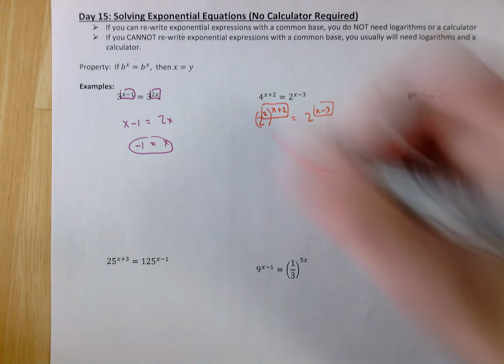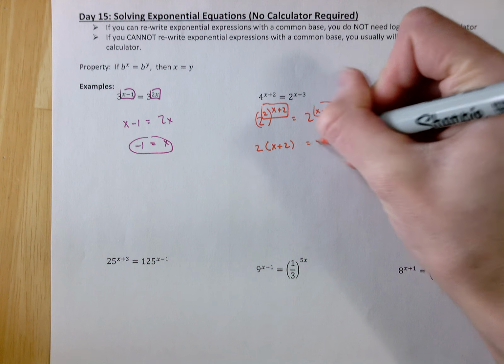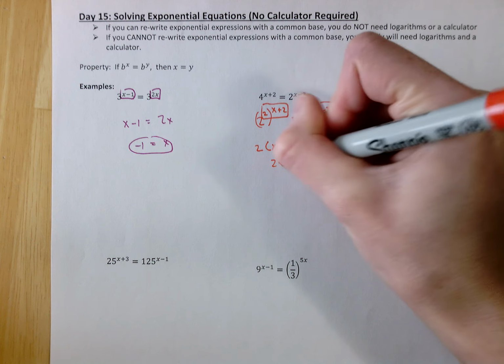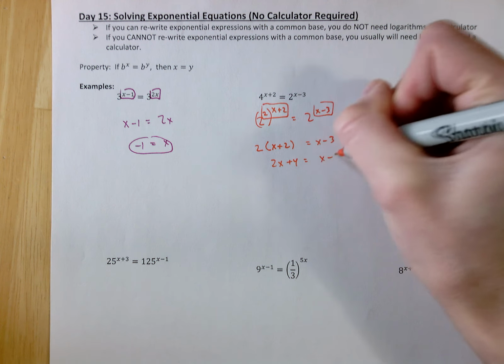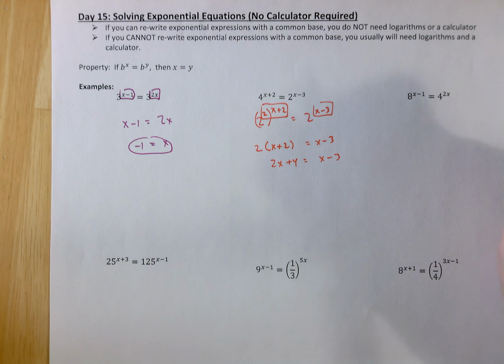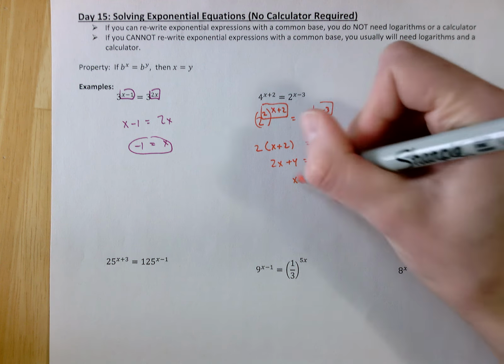Okay, when you do multiply that together, though, you're multiplying 2 times the quantity x plus 2. So make sure you do a distributive property. Okay, and I don't necessarily expect you to write this middle step out, but just make sure that you do that distributing. All right, and then from there, that's a pretty easy solve. X equals -7. I have faith in your ability to do that.